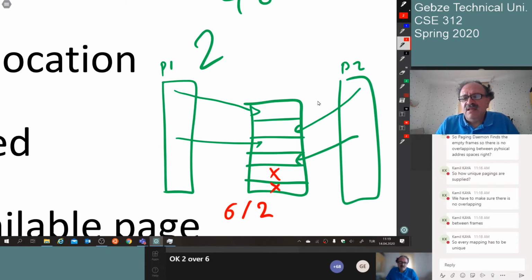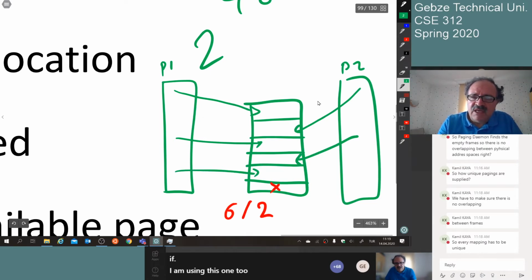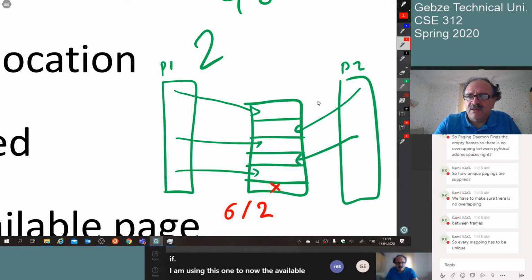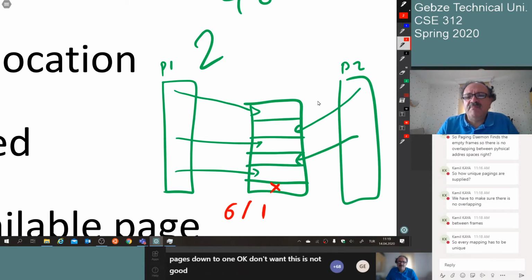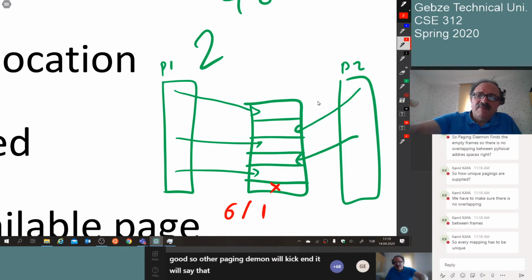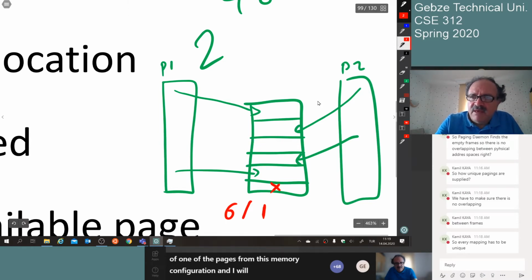Let's say I am using this one too, now the available pages are down to 1. This is not good, so the paging daemon will kick in. It will get rid of one of the pages from this memory configuration, and I will make this available now.